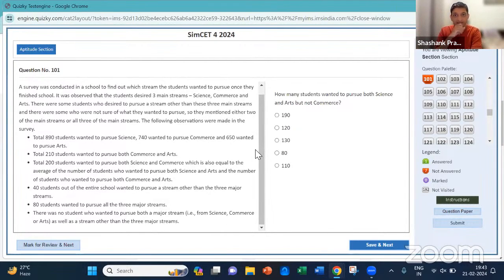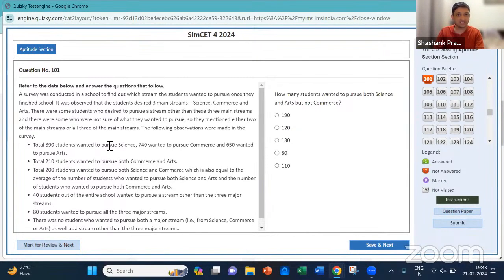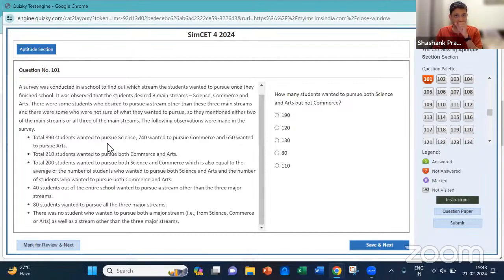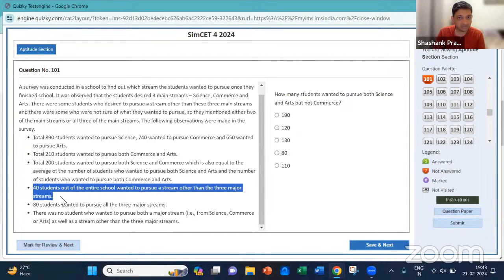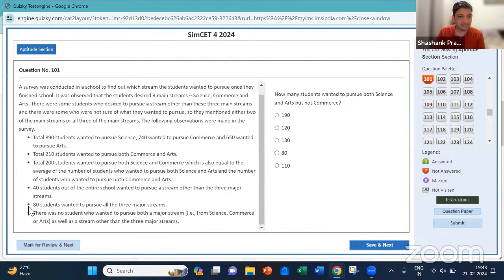Let's go for this. Science and arts, but not commerce is what we have to find. 890 wanted to pursue science, 740 wanted to pursue commerce, and 650 wanted to pursue arts. We don't know the total number of people in this particular school. 40 students wanted to pursue a stream other than the three major streams. 80 students wanted to pursue all three major streams.